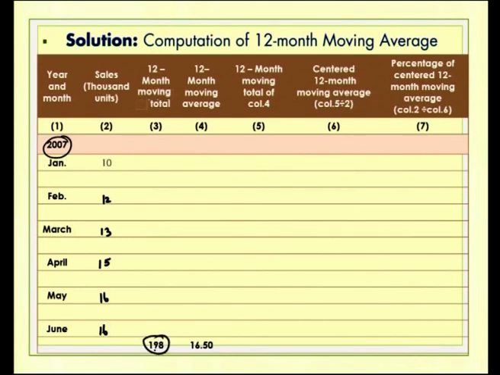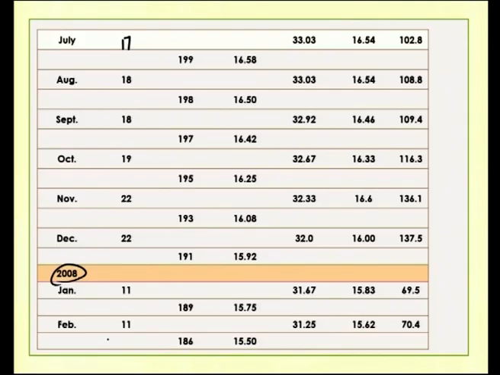This 198 is written in between the 6th and 7th values, that is between June and July of the year 2007, between 16 and 17. Similarly, the next total is 199.